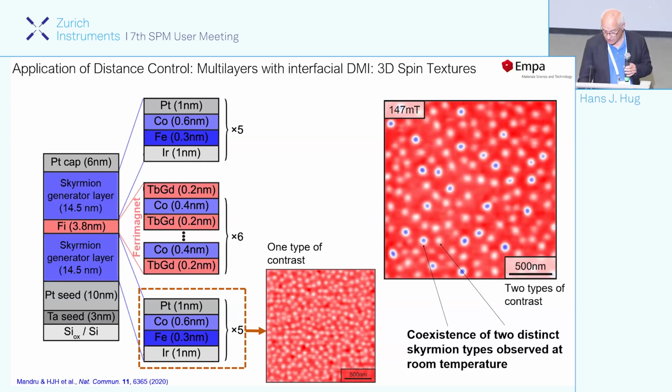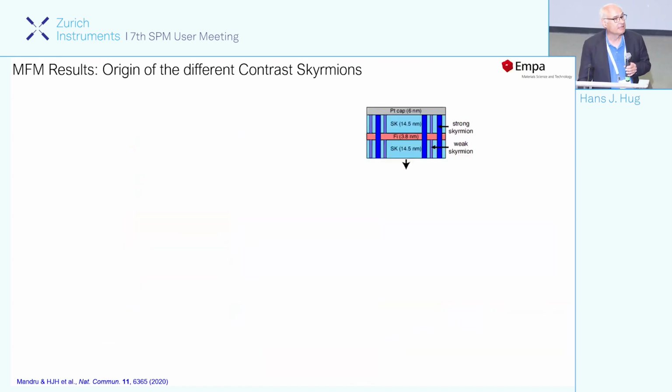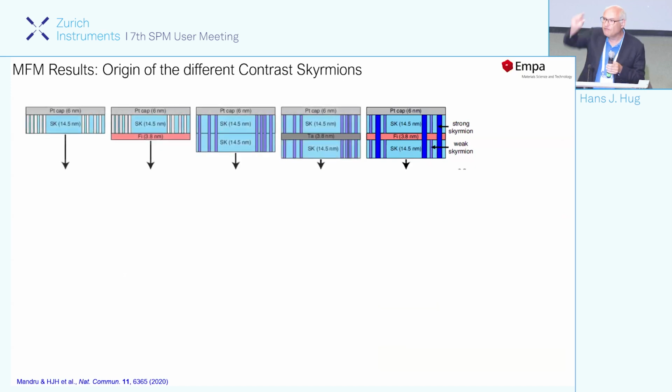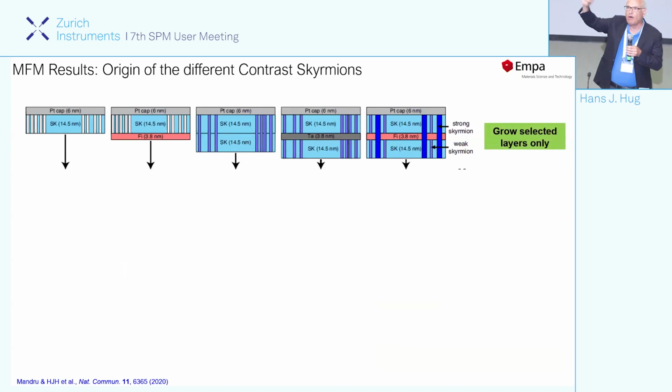And for that, we use differential imaging techniques. So we play Lego, we disassemble our sample. So that means we don't actually disassemble it. We grow different samples consisting of parts of the multilayers that I've shown you before. And then you must be able to measure these 6 samples under absolutely identical conditions.